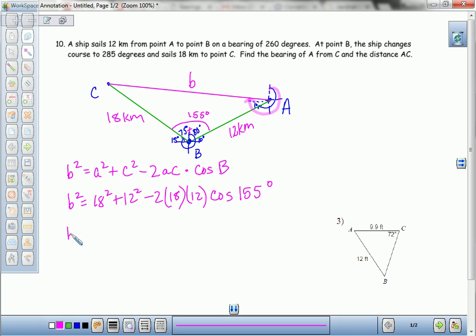All right, and we punch all this in and take the square root, which gives us a B that is approximately 29.32 kilometers.